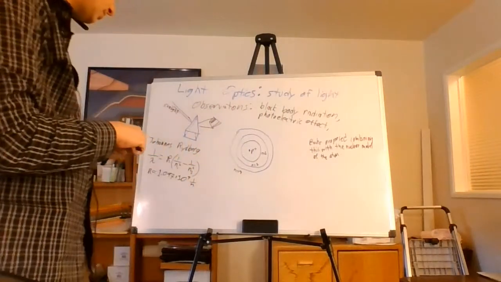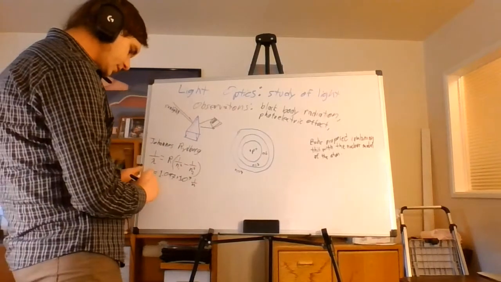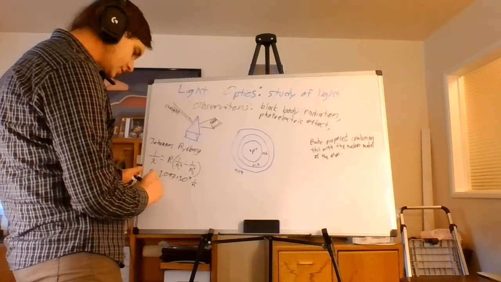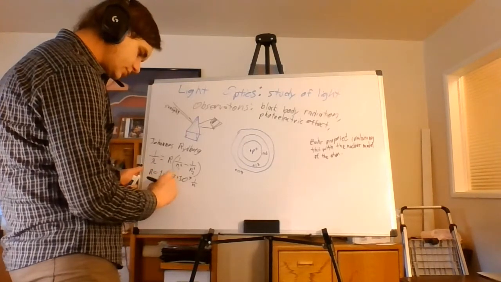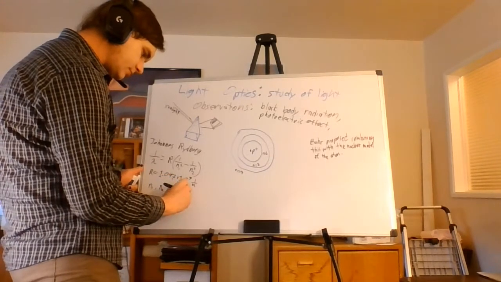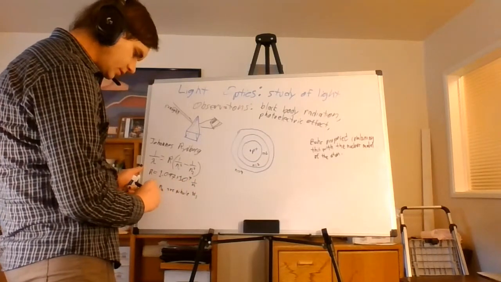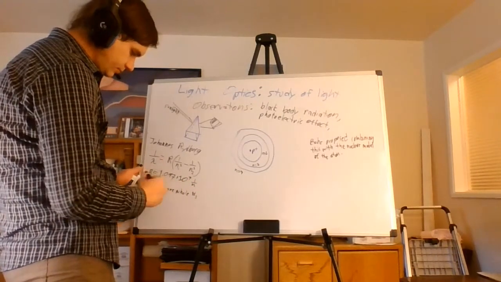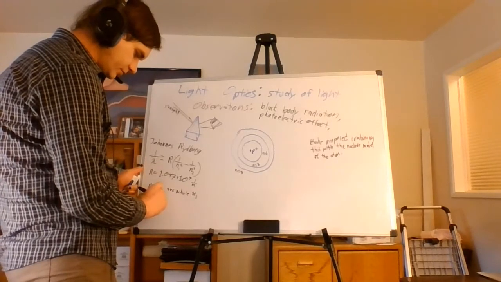So one of the things that I forgot to put in here before is that n1 and n2 are whole numbers, and n2 has to be bigger than n1.